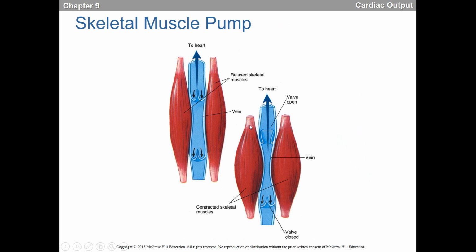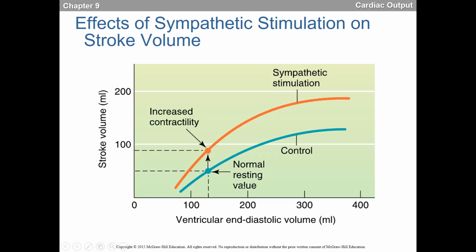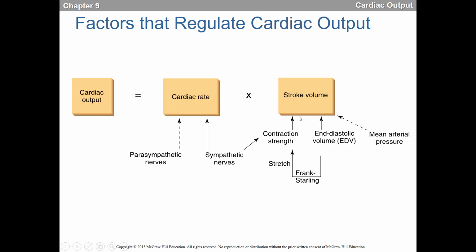Now, here is just the skeletal muscle pump. You can look in your book for more information on that. But here is a fairly interesting thing. With end diastolic volume and stroke volume, there's increased contractile strength with greater sympathetic stimulation. So effectively, the left ventricle or myocardium is contracting harder whenever there's more norepinephrine around it. That's really what's going on there.